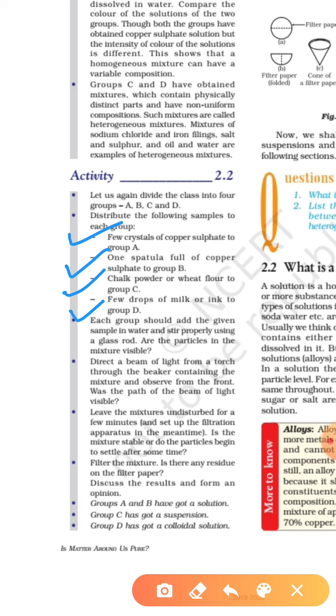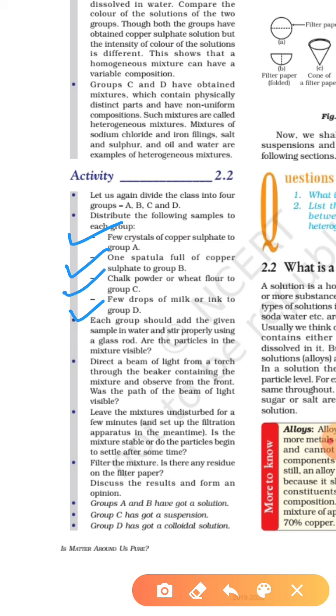Now each group should add the given sample to water, only to water, and then stir it properly using a glass rod so that it gets mixed. Then you have to observe whether all the particles in the mixture are visible or not.